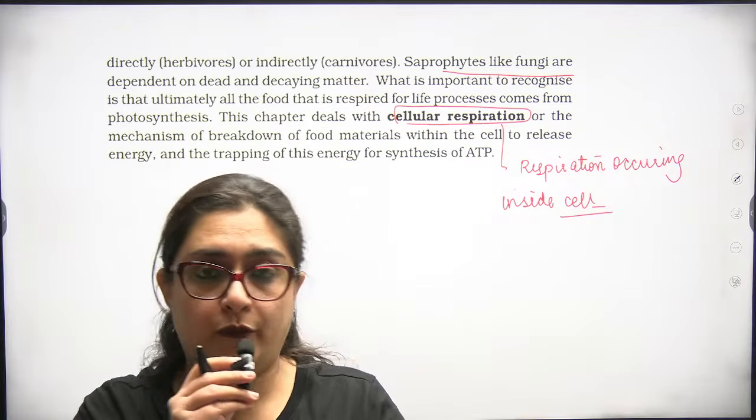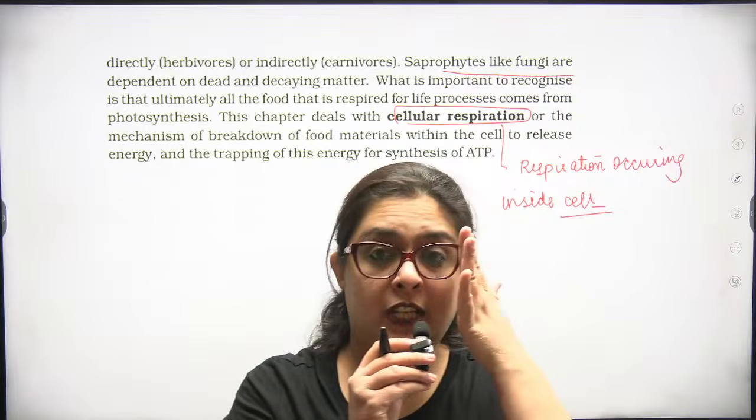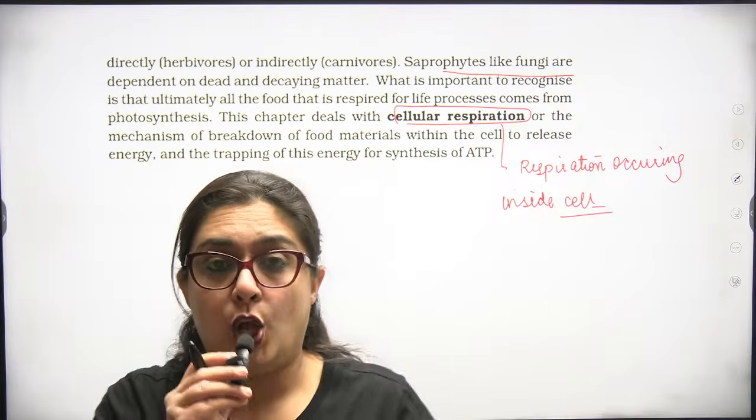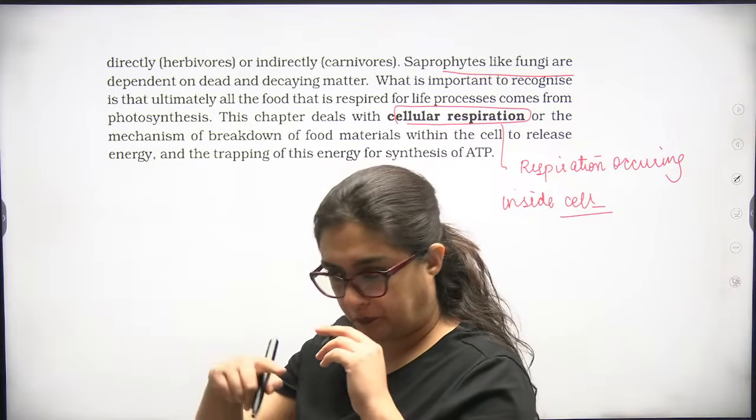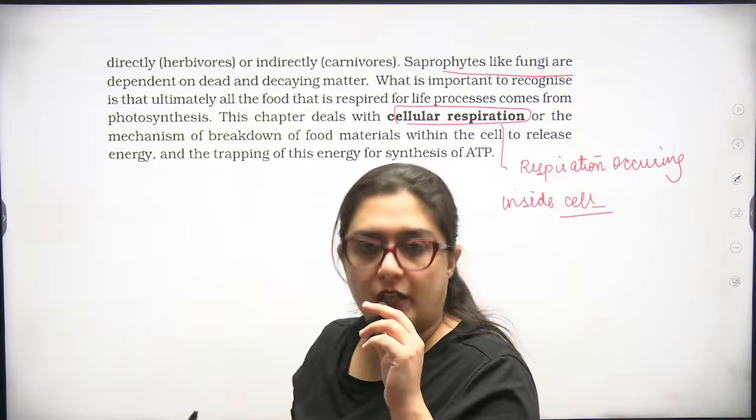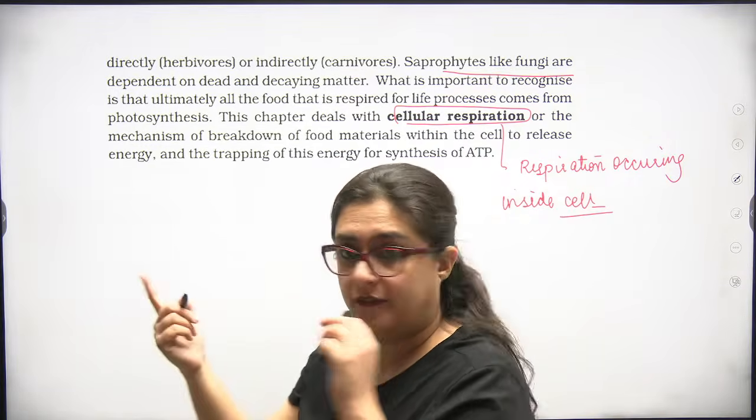The digested and absorbed food is already present in the cell. That absorbed food entered from the small intestine to the blood and then to each and every cell.